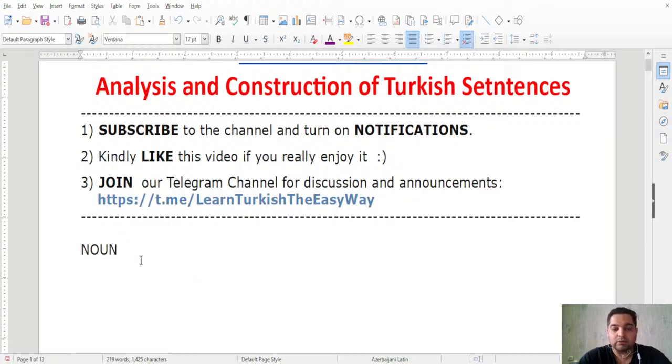So we have to know them whenever we analyze Turkish sentences, because it is an inevitable part of Turkish grammar.